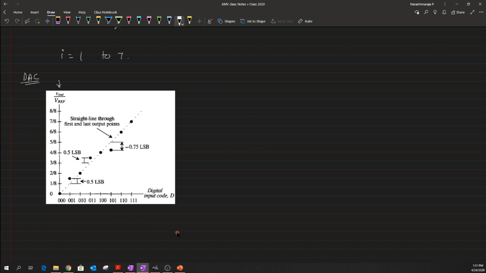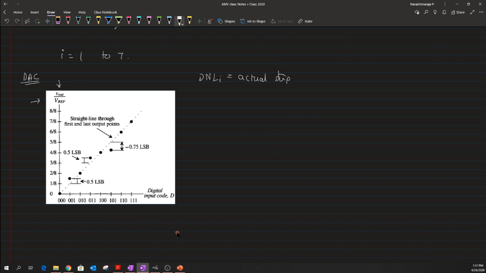So, I will write this DNL of a particular index value I as the actual step, and in this case it is not the width, just because the voltage is on the y axis.